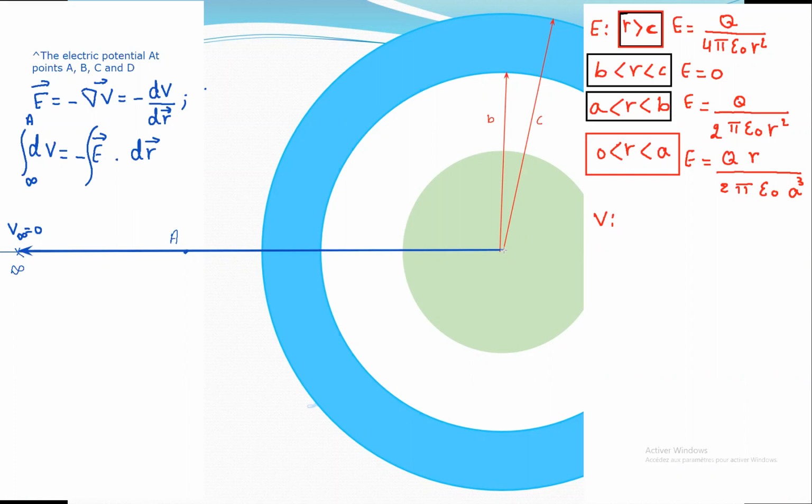Nothing will change. Let's take the point from infinity to the point A. It means I have a displacement from here to here, so dr must be in this direction.